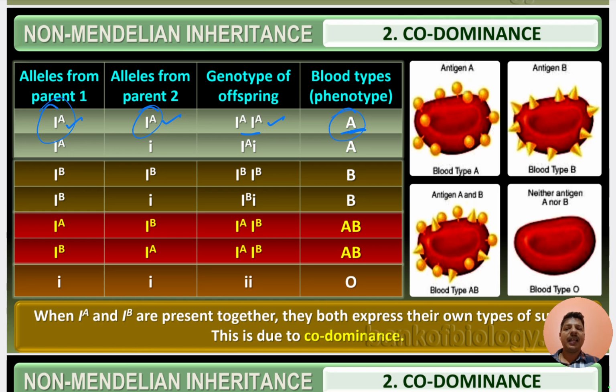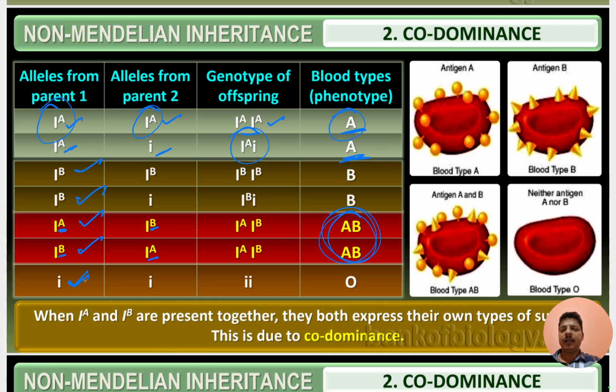Blood type will be A. Here the father has this type of blood group, the mother has this type, then the result will be like this, and again the A blood group will be produced in the offspring. Same with the B blood group, same with the AB blood group like this one. The AB blood group is the codominance, because here both A and B are codominant to each other.